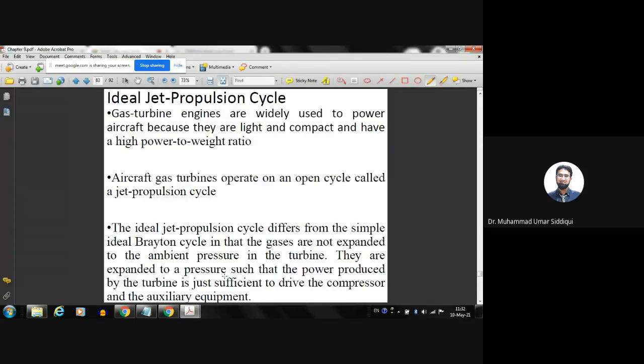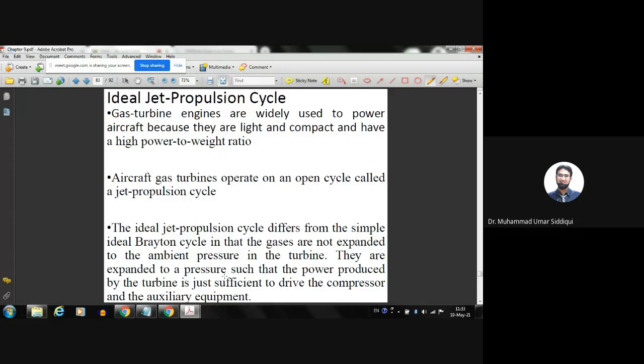Okay, so whether it is the jet engine used on the airplane or the rocket, the main objective is to transport from one place to another place. So that's the main idea, and here we are using the jet propulsion cycle, which is very close to the Brayton cycle.